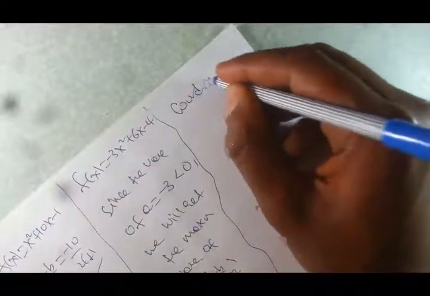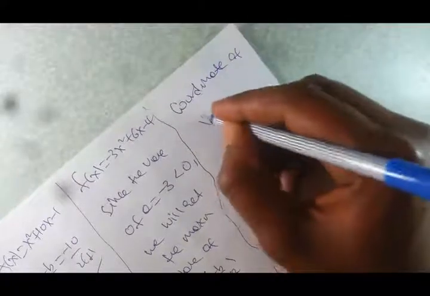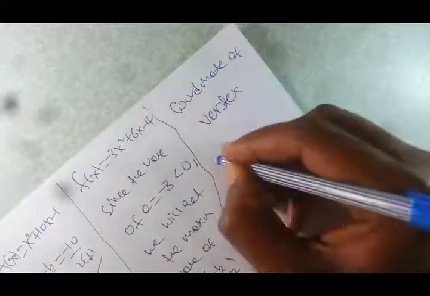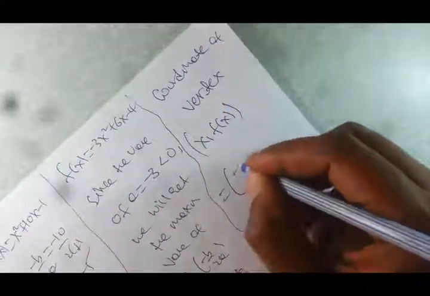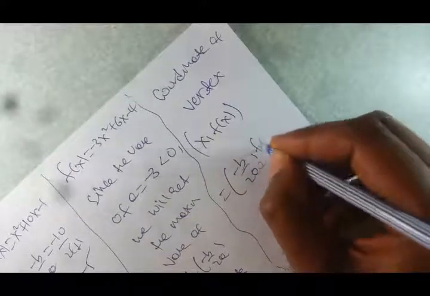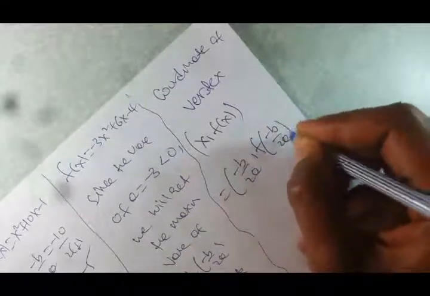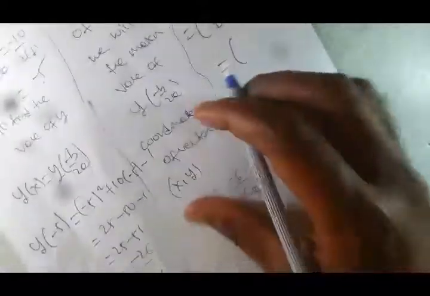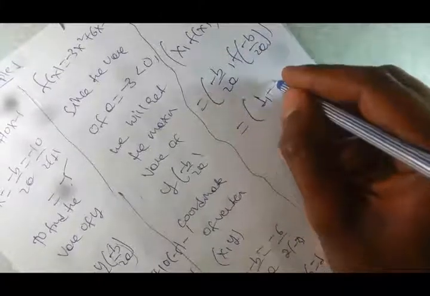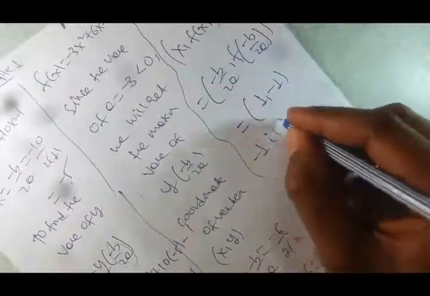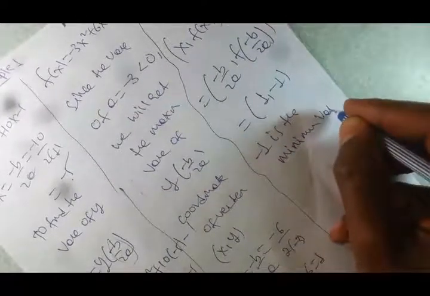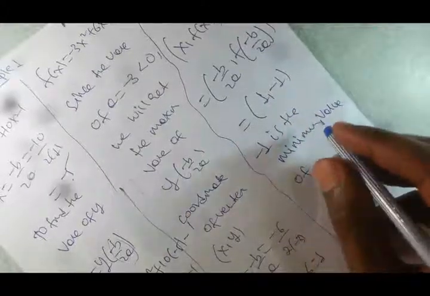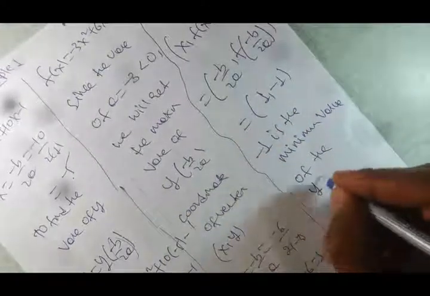So the coordinate of the vertex is x, f of x, that is minus b over 2a and f of minus b over 2a. Minus b over 2a we already found is 1, and f is minus 1. Therefore minus 1 is the maximum value of y of x.